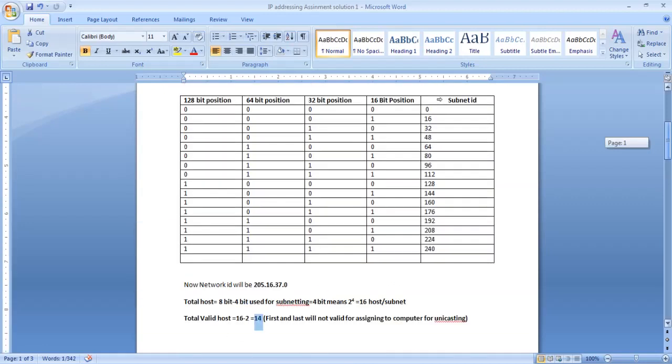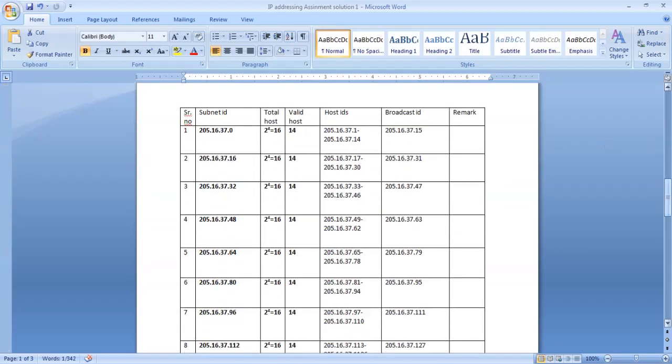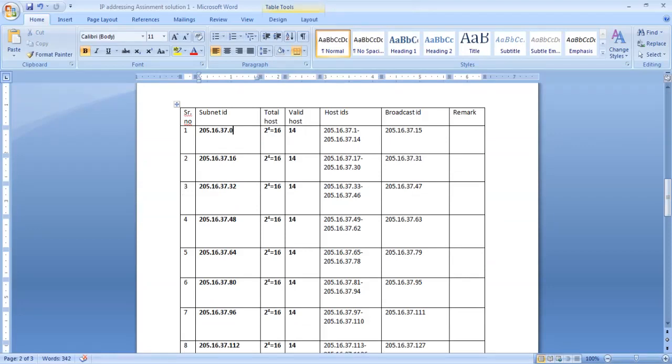Now from the above table we have calculated the subnet IDs. My first subnet will be 205.16.37.0. I already mentioned the total hosts and valid hosts, and this will be common for all subnets. The host IDs will be 205.16.37.1 up to 37.14.